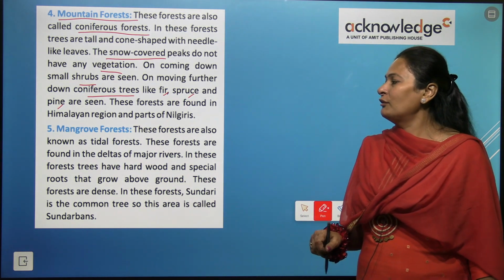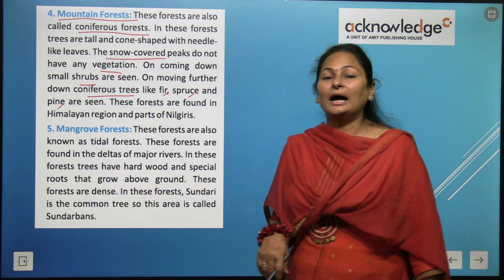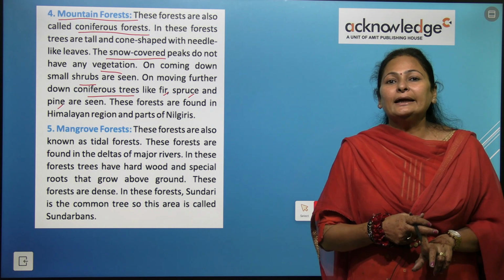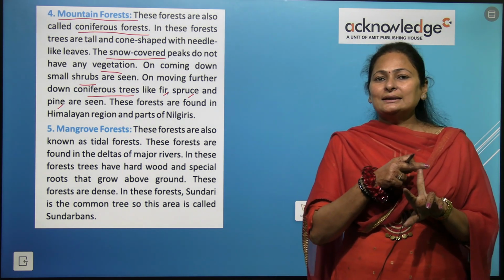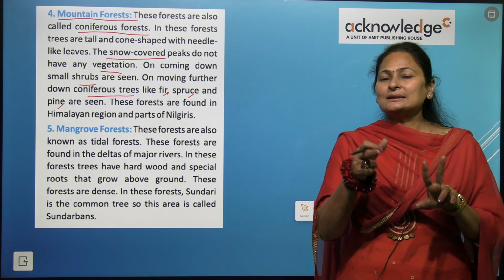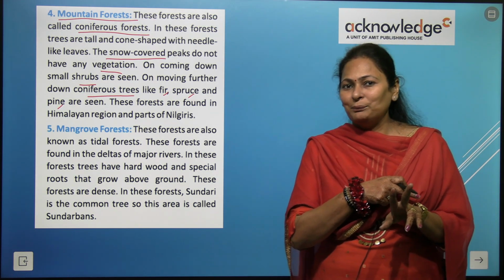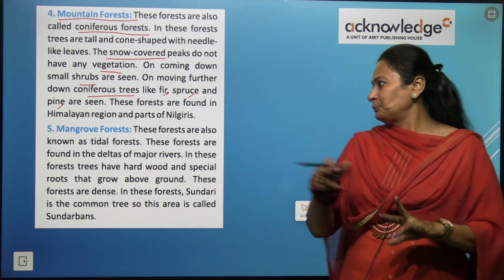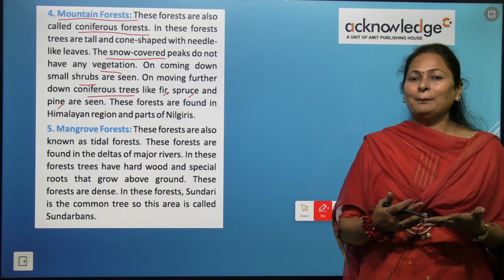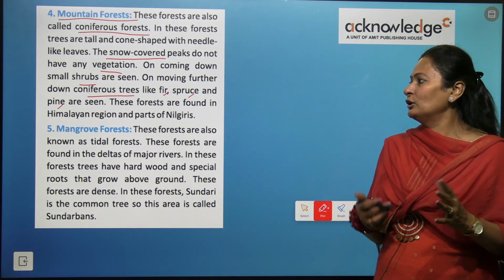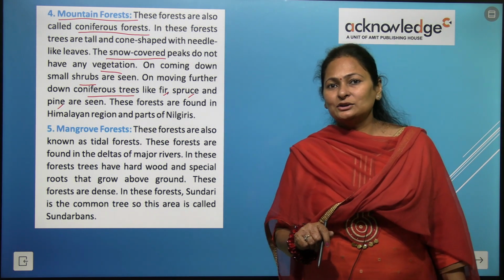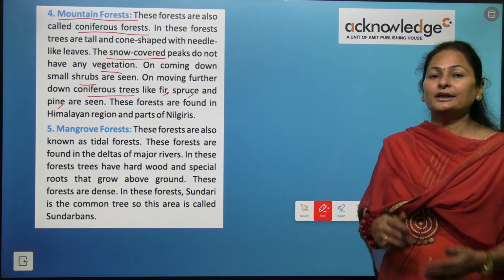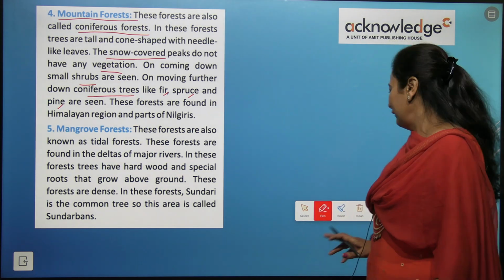These forests are found in the Himalaya region and part of the Nilgiri Hills. Do you remember the Nilgiri Hills, kids? It is the Nilgiri Hills where the Eastern Ghats and Western Ghats meet, right? So in the Himalayas or Nilgiri Hills, you'll find these types of forests. We call them mountain forest or coniferous forest.